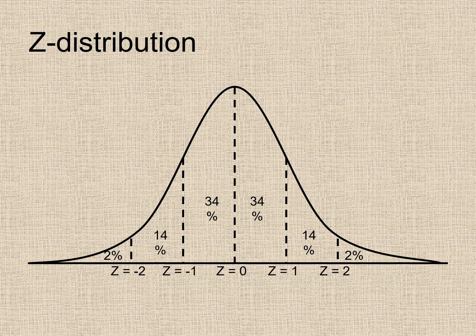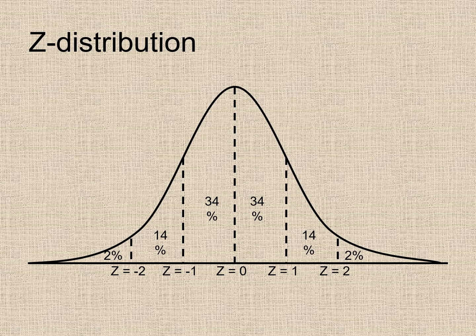So for instance, the probability for a Swedish woman to have a degree of depression that is somewhere between the mean and 1 standard deviation above the mean, that probability is 34%. The probability for an Italian man to have an IQ that is somewhere between the mean and 1 standard deviation above the mean is also 34%.